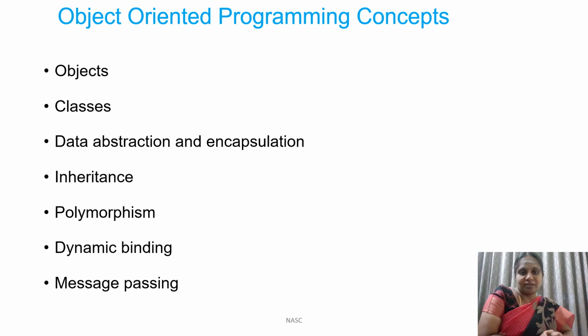These concepts help the language overcome all the complications faced in structure-oriented or procedure-oriented programming techniques. The concepts are objects, classes, data abstraction and encapsulation, inheritance, polymorphism, dynamic binding, and message passing.